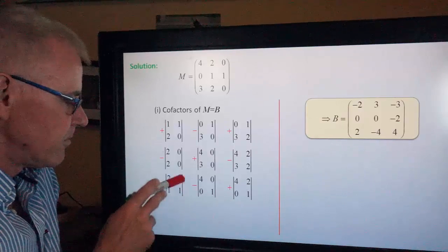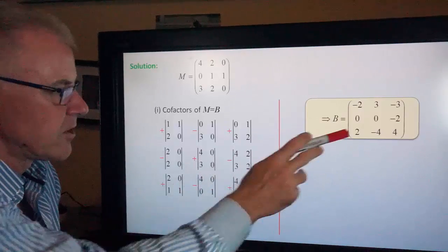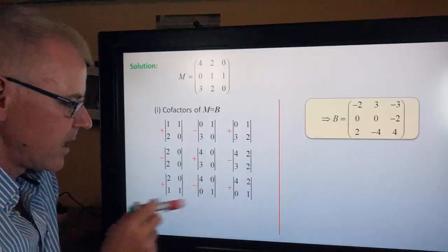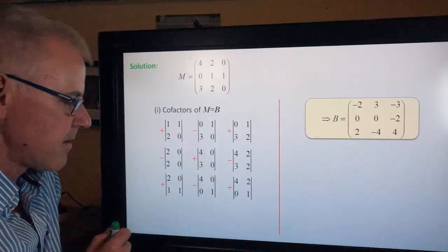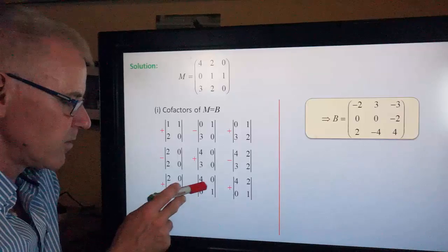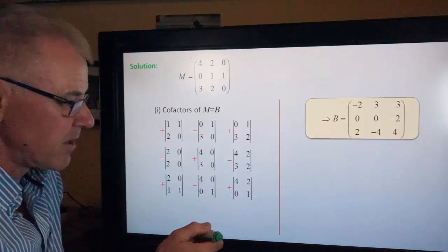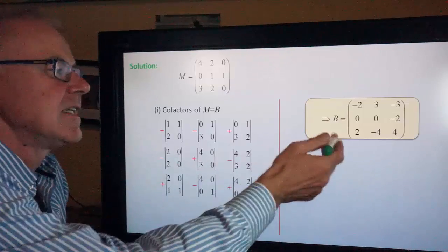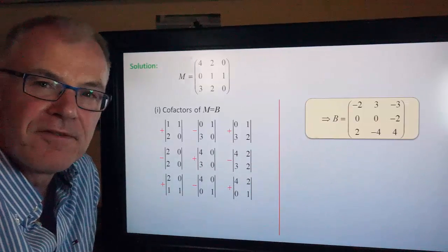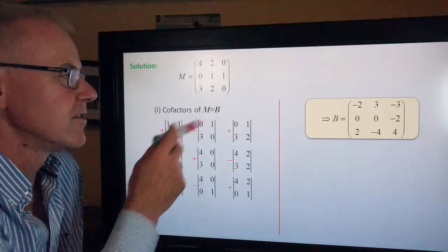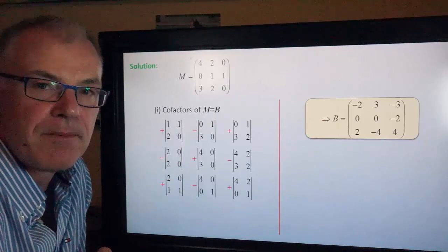Here we'll have 2 minus 0, which is just 2. Here we have 4 minus 0, which is going to be 4, and multiplied by minus 1 we get minus 4. And here we have 4 minus 2, which will just be 2. So this is the 3 by 3 matrix formed by the cofactors of the matrix n.